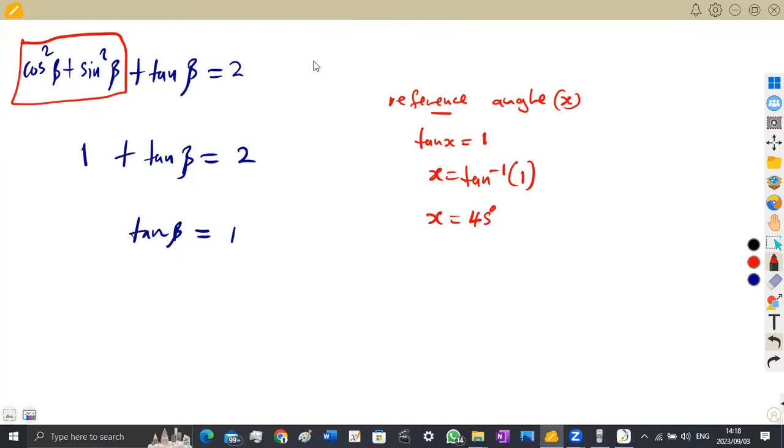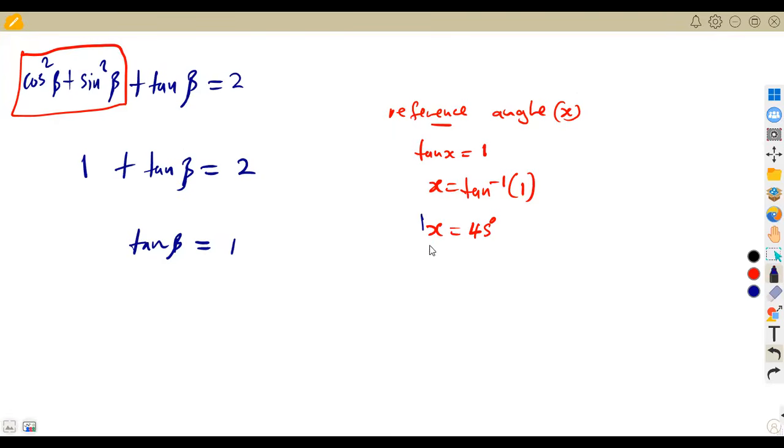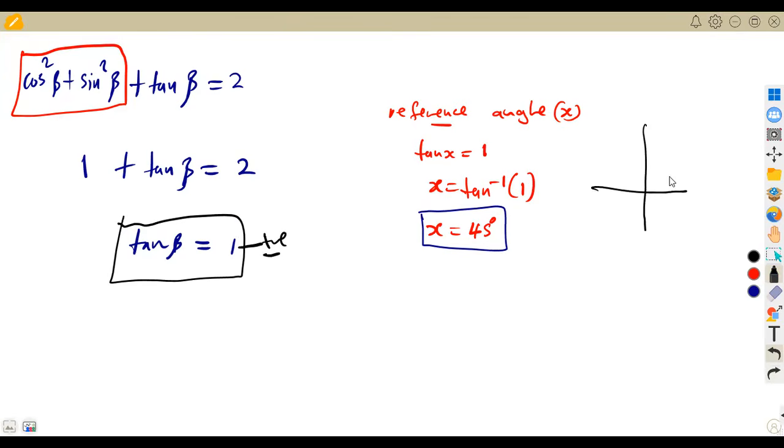So how do I find the exact angles now? I have to ask myself, from this x that I'm having here, which quadrants are we having tan? Because here we are given tan being equal to 1, which is a positive. So the value there, it's a positive. So which quadrant do we have tan being a positive? All students take calculus, or we use the CAST.